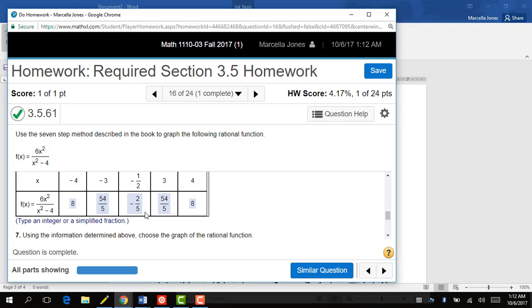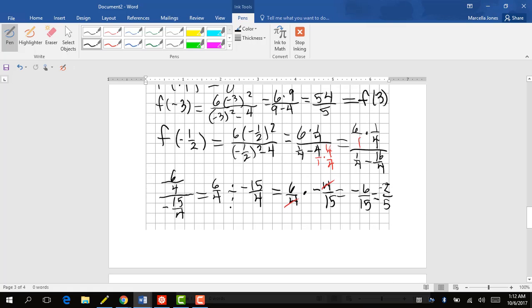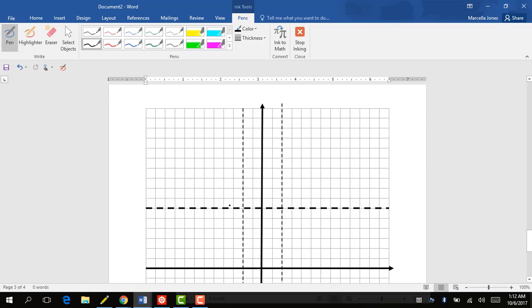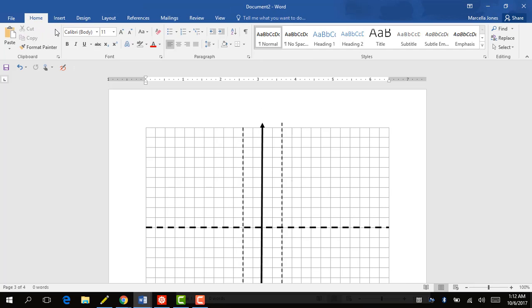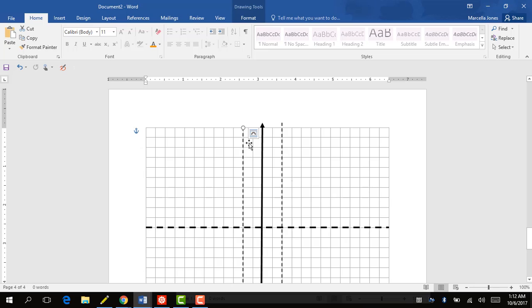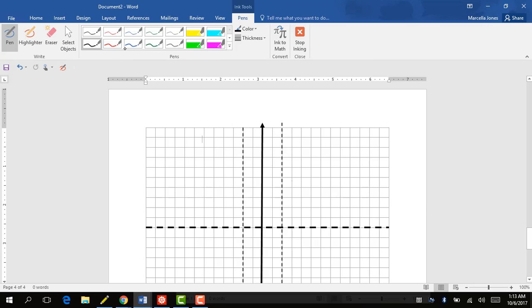All right, now I want to use this information to choose the graph. So I'm going to do a rough drawing of this. Now here I've put in the asymptotes. So there's my vertical asymptote of x equal -2. Here's my vertical asymptote x equal 2.